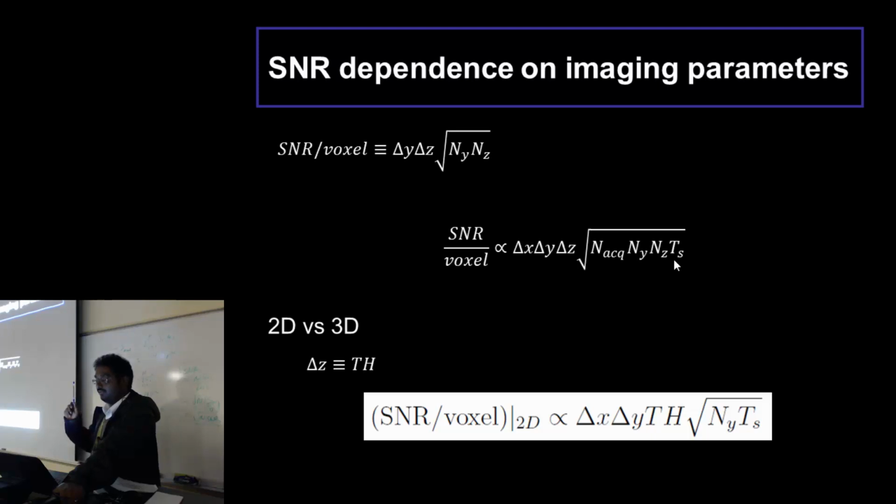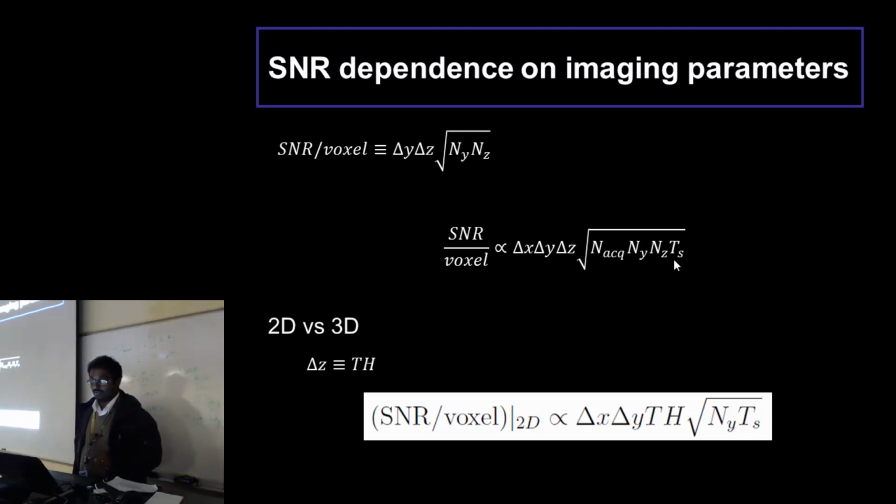So basically, if you use a longer TR, you can do two things. One is better signal to noise ratio due to the longer TR, and you can do multiple slice excitations, so you can acquire multiple slices within that TR. Those are the two things that are advantageous when you do longer TR, and that slightly counteracts this square root NZ effect compared to 3D.